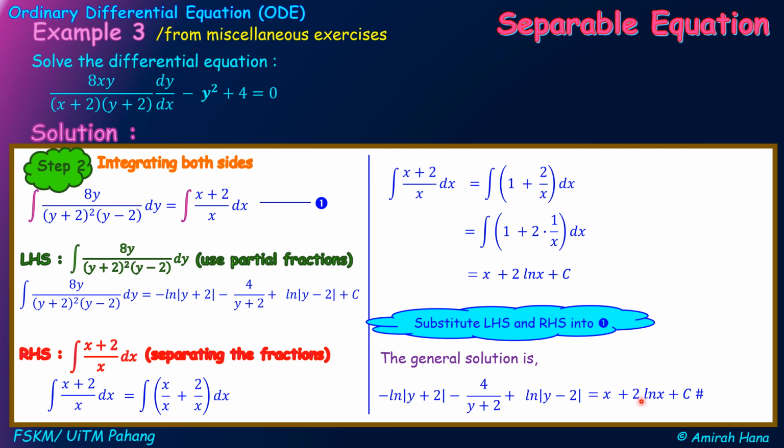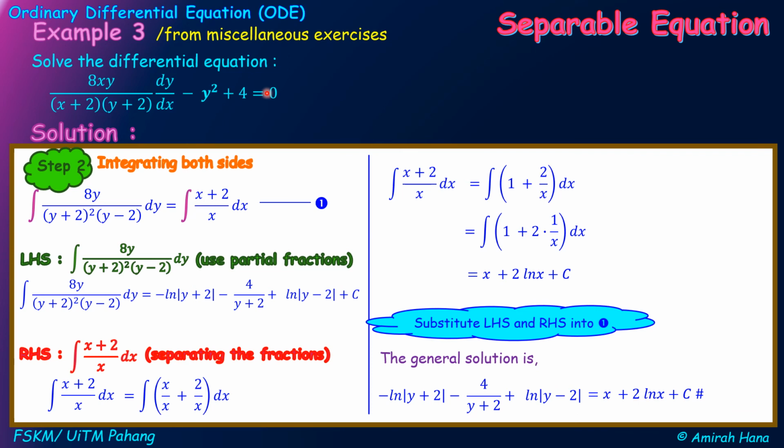So the answer is x plus 2 ln x plus c. We just put plus c on one side only. So this is the final answer after integrating both sides.